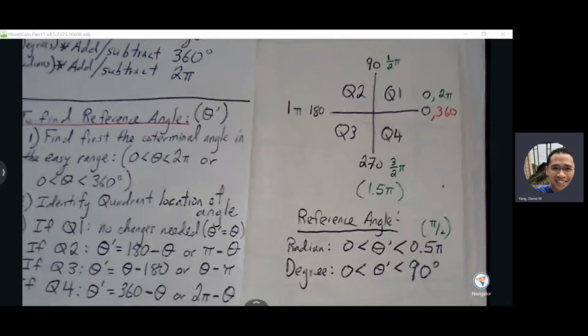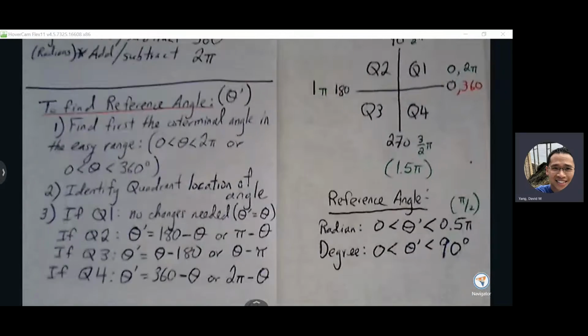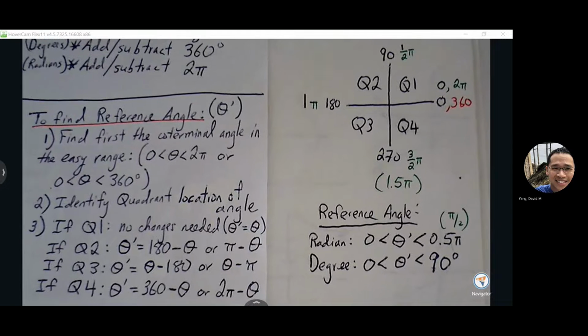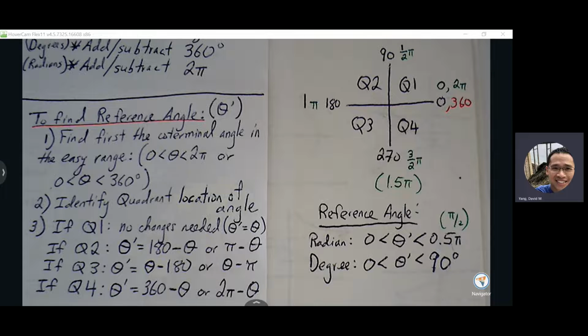review some of these concepts that we highlighted yesterday. Okay, we talked about how if I want to find a reference angle, I first need to locate a coterminal angle that is within an easy range for us to determine.